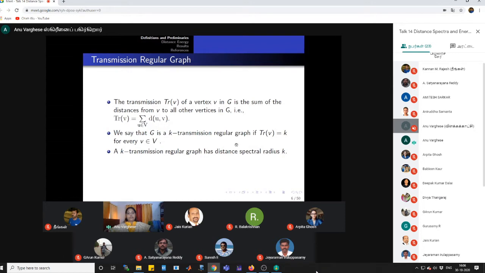If the transmission of all the vertices is a constant, then the constant is k, and we call it a k transmission regular graph. A k transmission regular graph in the case of distance matrix is exactly the same as regular graphs in the case of adjacency matrices.